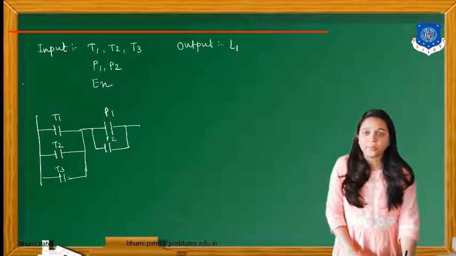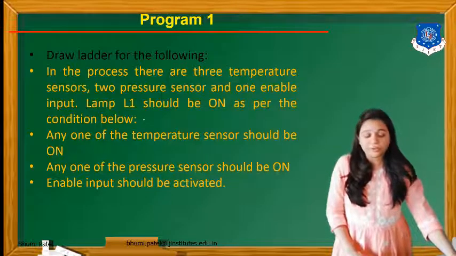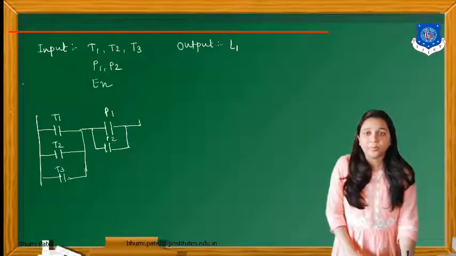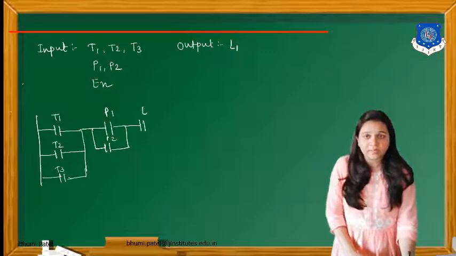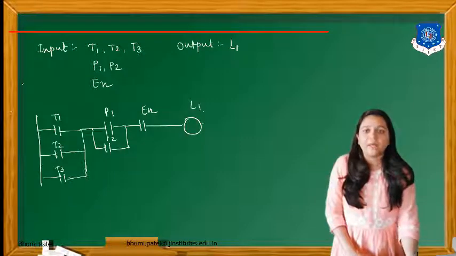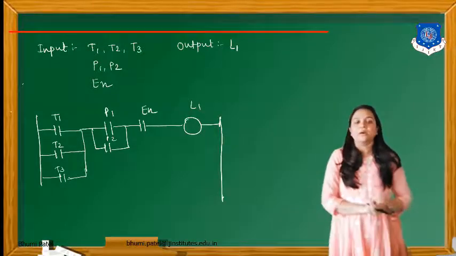And the enable input. What is the condition for the enable? The enable input should be activated. So we can put the enable input in series connection with the temperature and pressure, which should be activated. At that time the lamp L1 should be on. So this is my ladder diagram for this particular example.